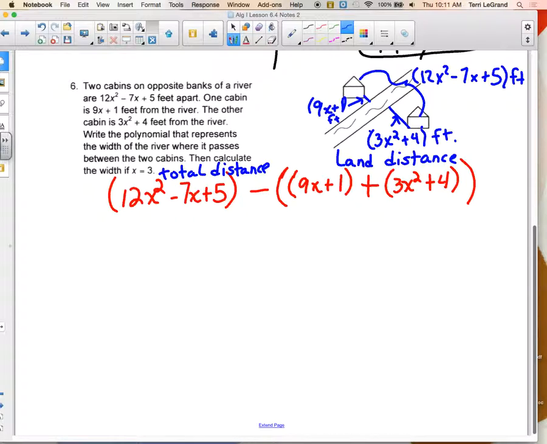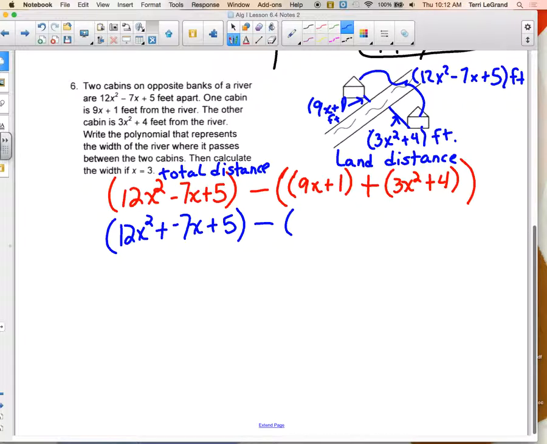So we have 12x squared. That will change that to add the opposite. And we're not going to mess with our subtraction here yet. Notice there's no subtraction in that addition of two polynomials there, is there?